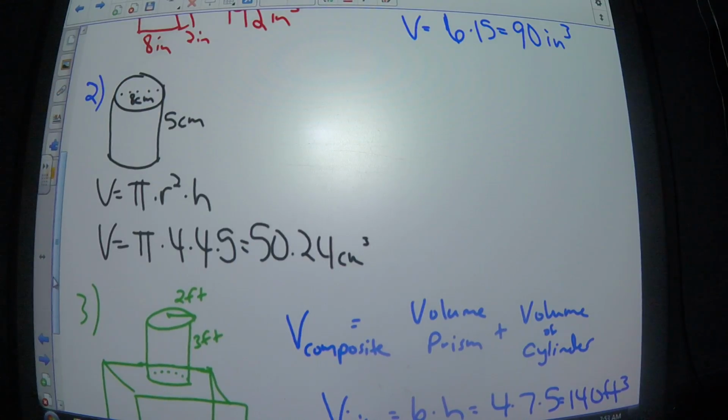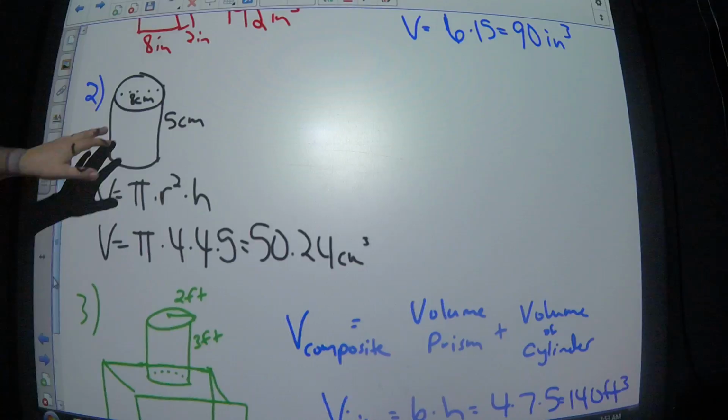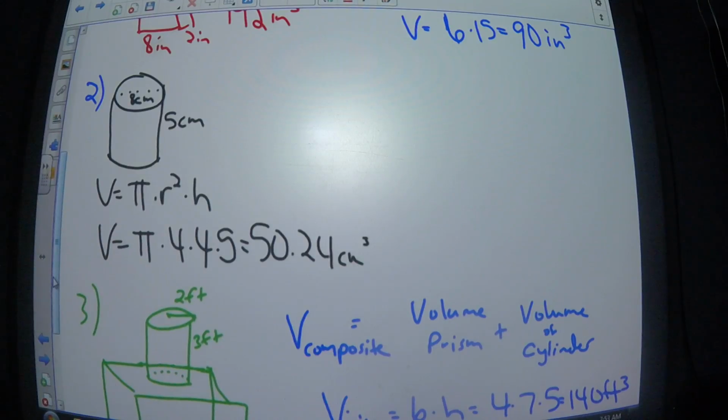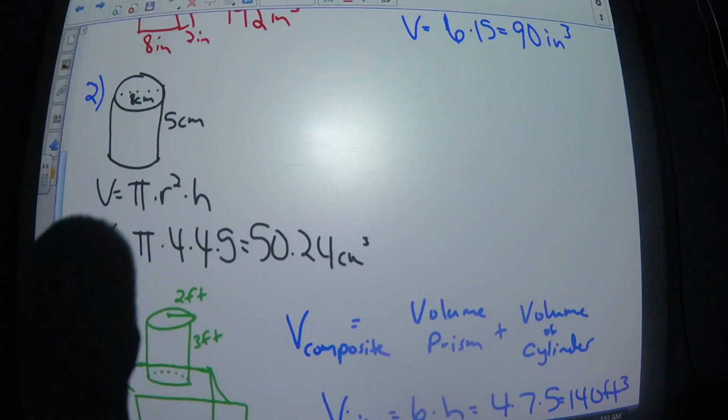Remember that the diameter was 8, so half of that was 4. That's where I got the 4. Sorry, I forgot to explain that. Then you get 80 times pi, which is not going to be 50.24. So let me once again recalculate that.